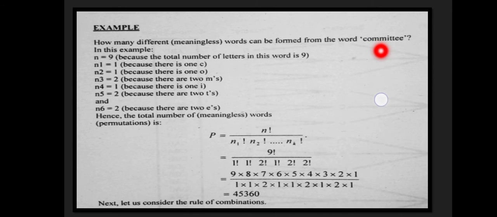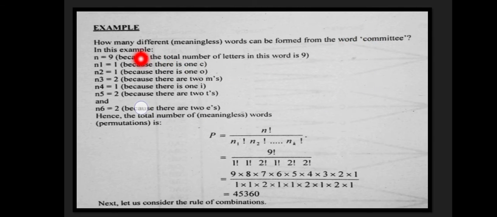The word committee consists of the alphabets C, O, M, I, T, and E. By using the alphabets of the word committee, how many meaningless words can we form?